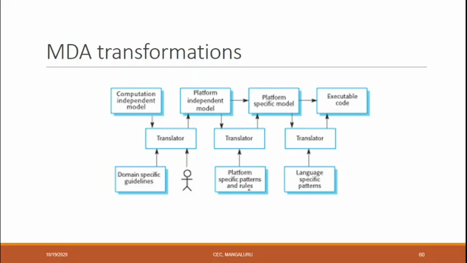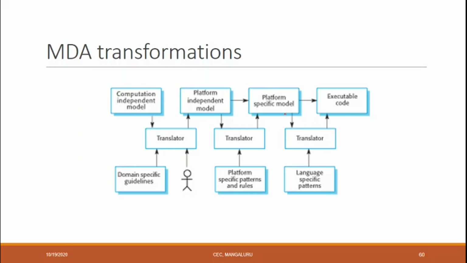As per some set of rules, in model driven engineering one has to design the requirement as per the set of rules and of the platforms. And platform specific model: depending upon whether the product has to be developed in specific languages, there is a set of patterns.